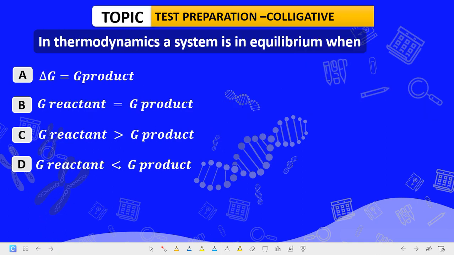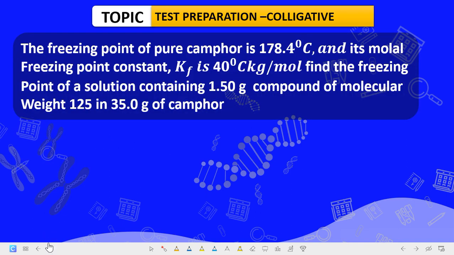Now the next, in thermodynamics, a system is in equilibrium when the Gibbs free energy of the reactant is equal to the Gibbs free energy of the product. Now you have a question here.